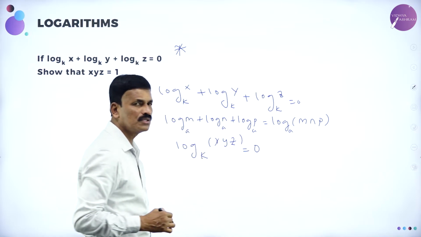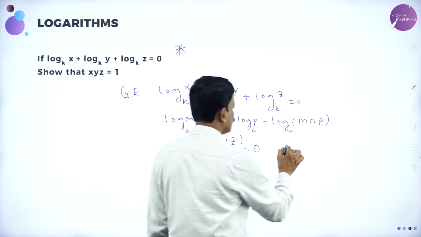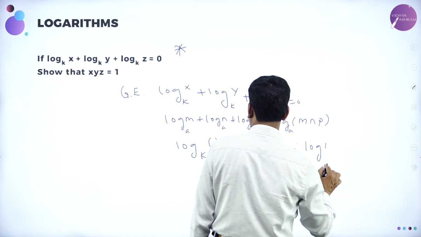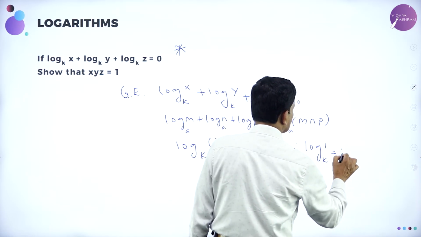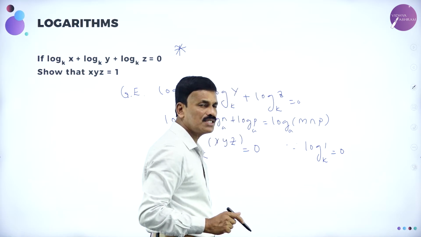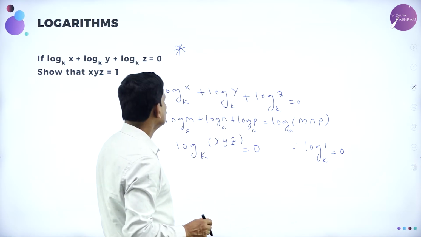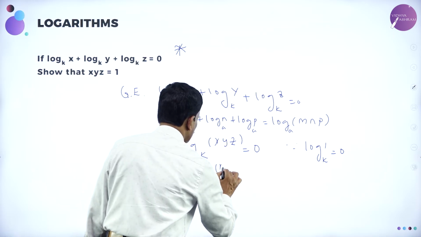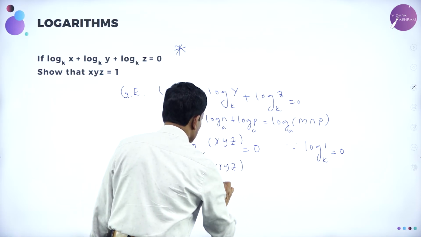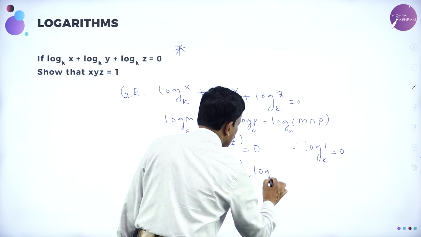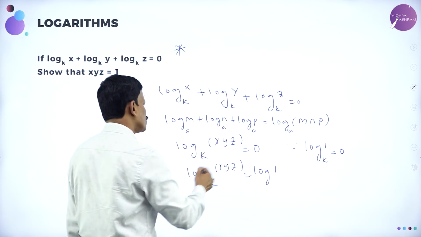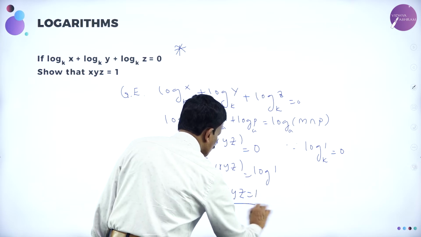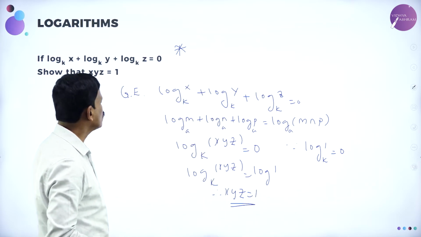Okay, since you know the value of logarithm of 1 to base k is equal to 0, we can write logarithm of xyz to base k is equal to logarithm of 1. So log gets cancelled, xyz is equal to 1. That's it. xyz is equal to 1.